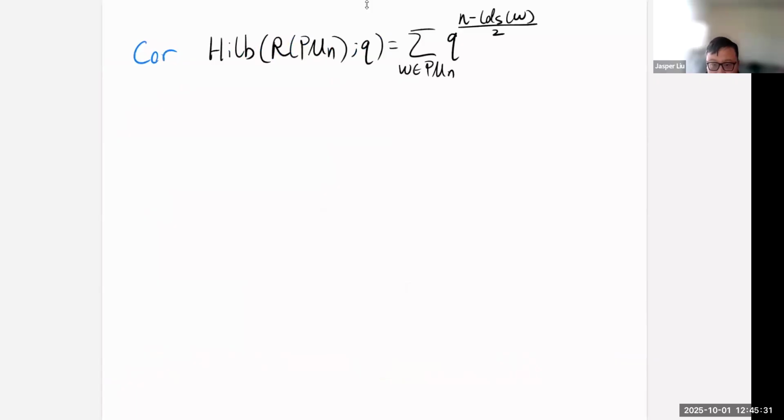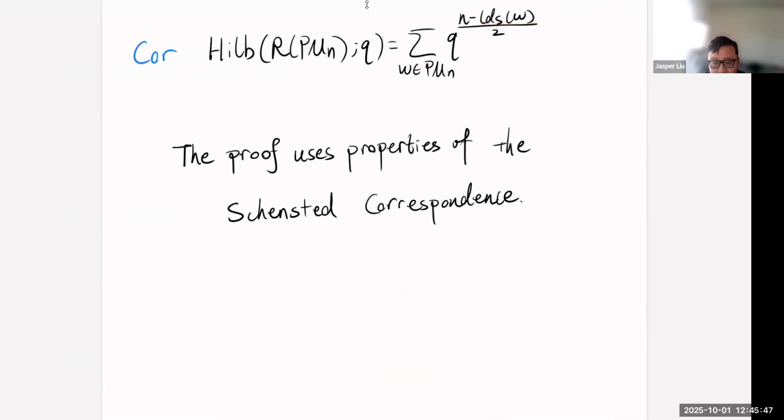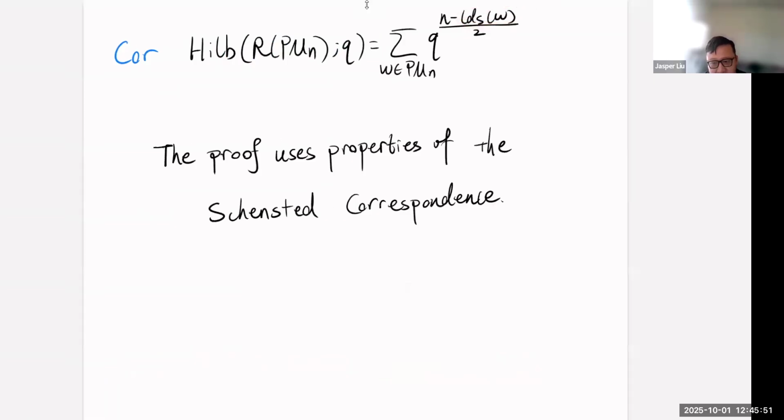That is, if we look at the Hilbert series, it's sort of reversely counted by the length of the longest decreasing subsequence of the fixed point free involutions. And this result only uses properties of the Schensted correspondence.